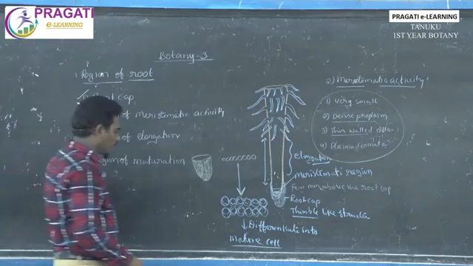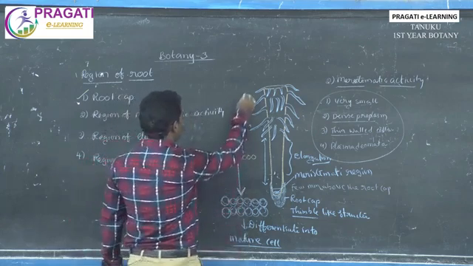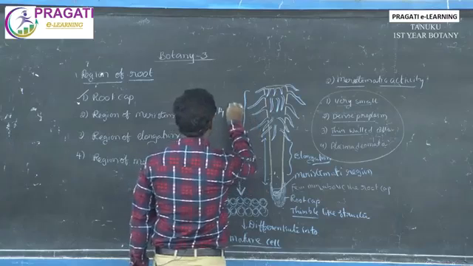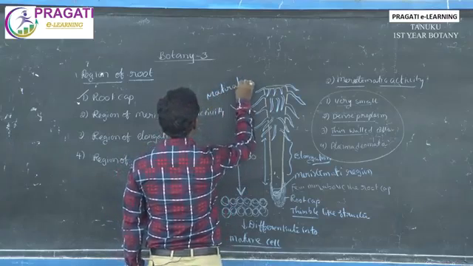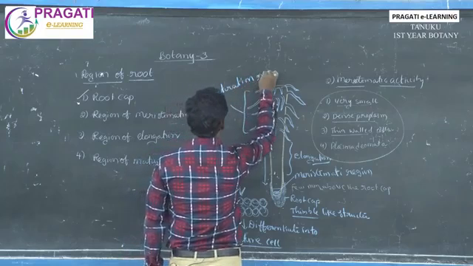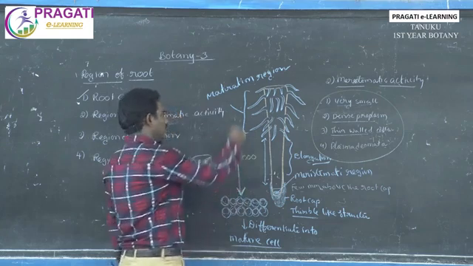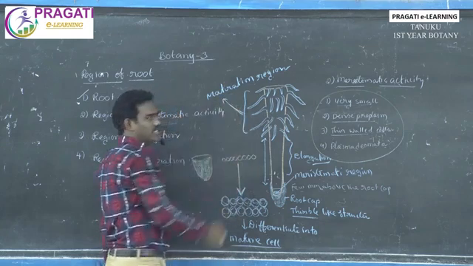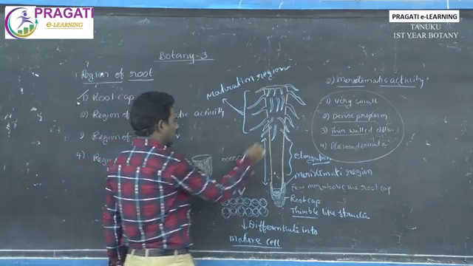This is the maturation region. These maturation region cells are permanent cells and cannot divide.